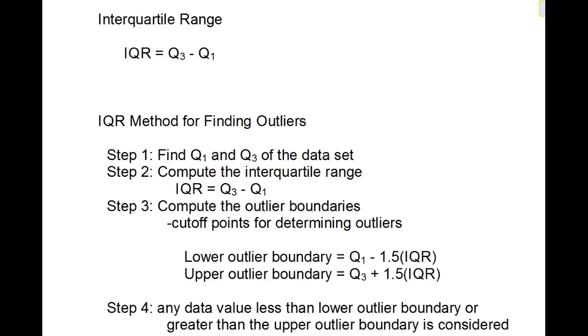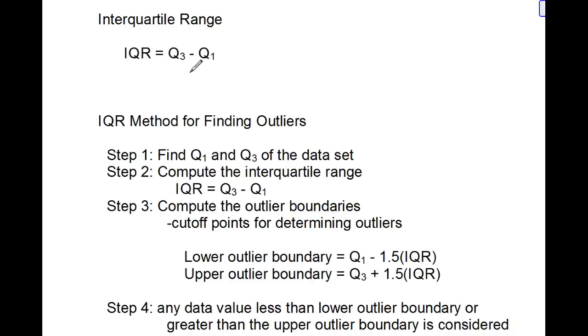Now, in order to find outliers, we must first locate what we call the interquartile range, IQR for short. The IQR consists of the third quartile, Q3, minus the first quartile, Q1. So we're going to subtract Q3 minus Q1.